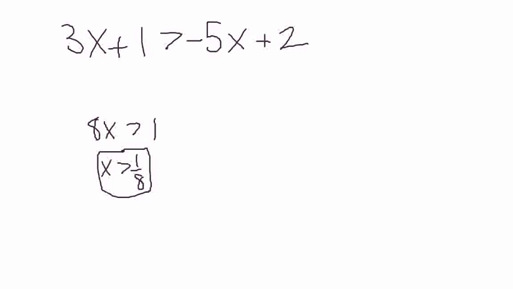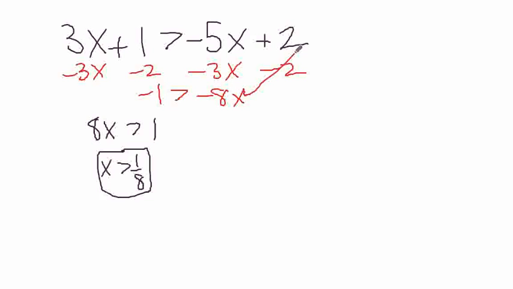Suppose I subtracted 3x from both sides, and suppose I subtracted 2 from both sides. That would give minus 1 is greater than minus 8x. Well, if this was an equation, then we could simply divide by minus 8, and that would give x equals 1/8.